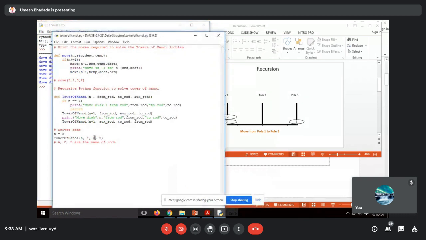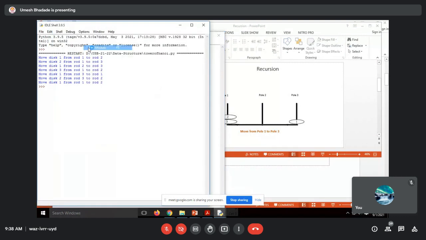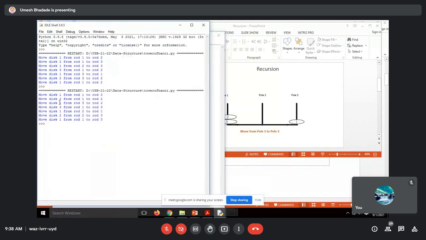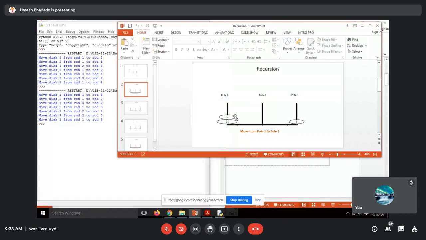We will write 3 here and 2 here so that you will be able to see. Okay, fine. See now, 1, 2, 3. Here you can see that I have moved diskette 1 to 3, right? The smaller one I have moved to 3. Then the second diskette from 1 to 2. Now next, if you see, the second diskette was here.